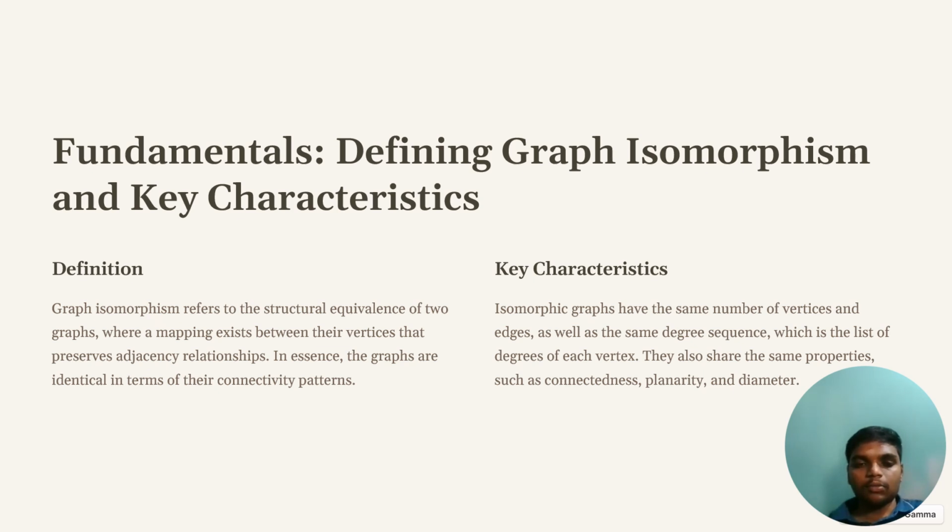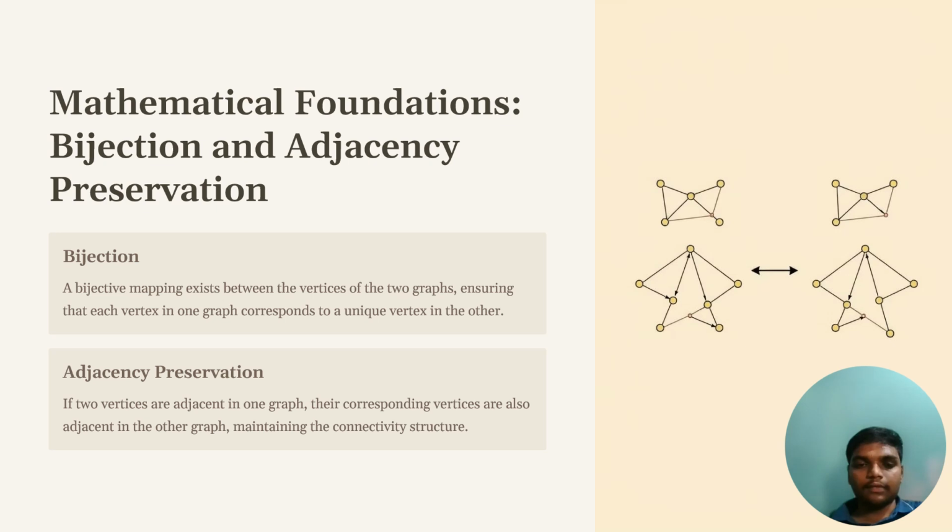The term isomorphism refers to the property where two graphs are structurally identical despite possibly having different representations or even different approaches. In this context, the term unveiling suggests the process of revealing or discovering the hidden structural identities between graphs.